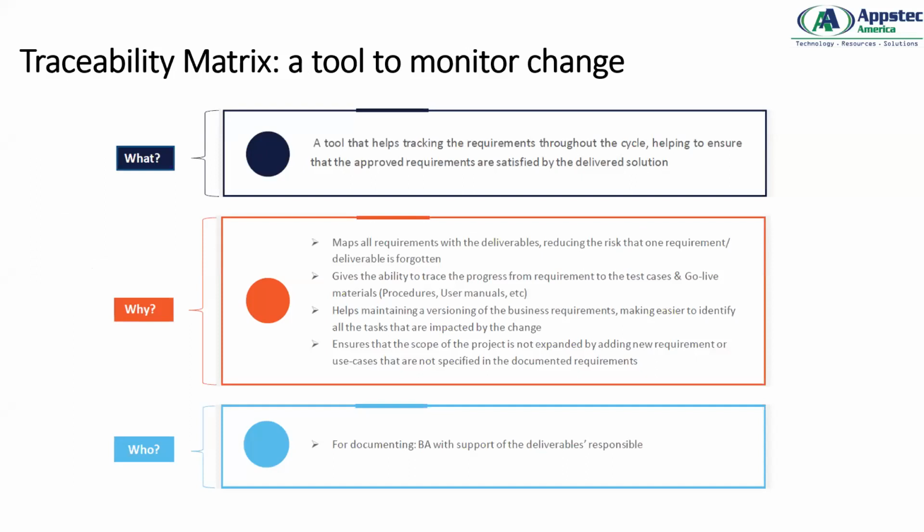So what does it mean? It is a tool that helps to keep track of the requirements through your life cycle, helping to ensure that the approved requirements are satisfied by your delivered solution. Whatever requirement is approved, your delivered solution is able to meet it. Now, why do we need it? It maps all the requirements with deliverables, reducing the risk that one requirement or deliverable is forgotten.